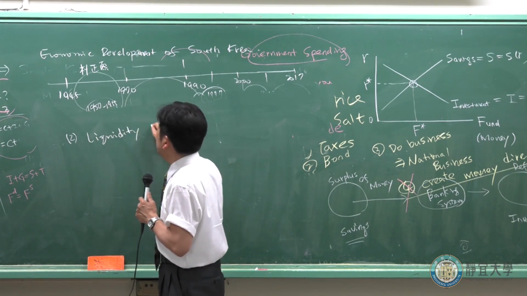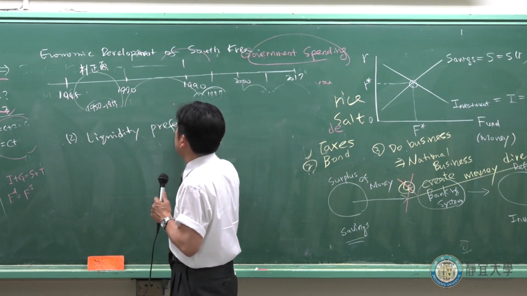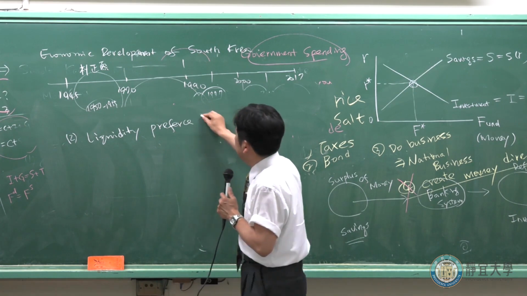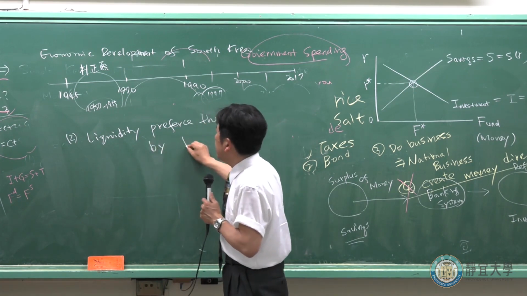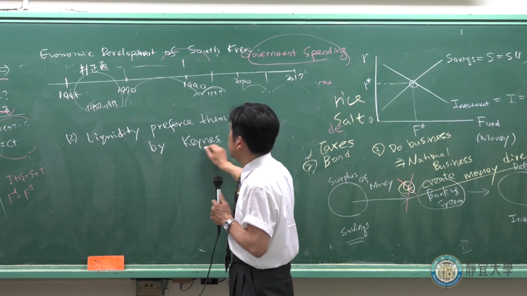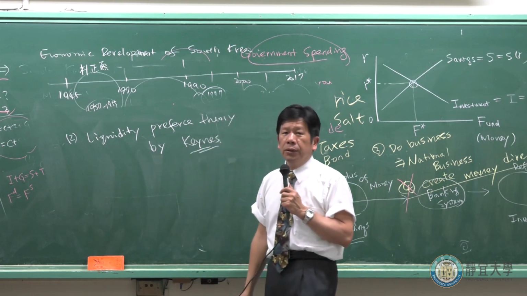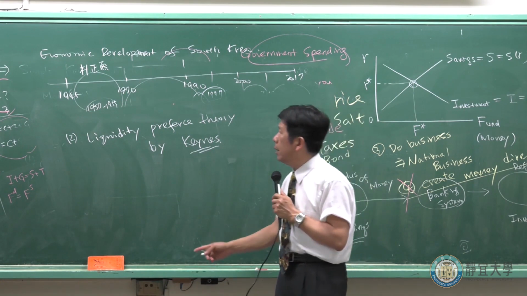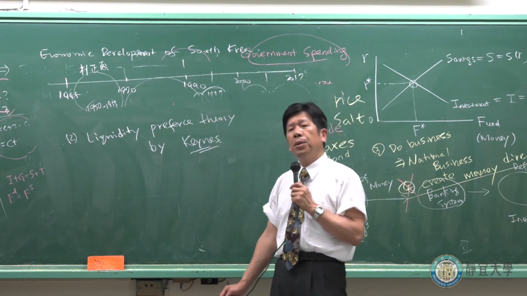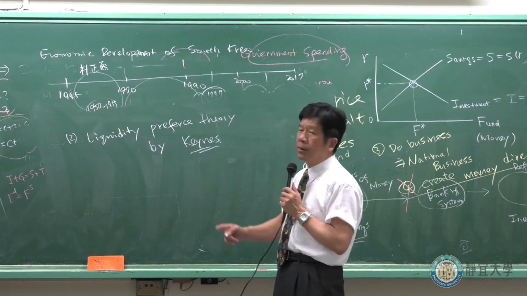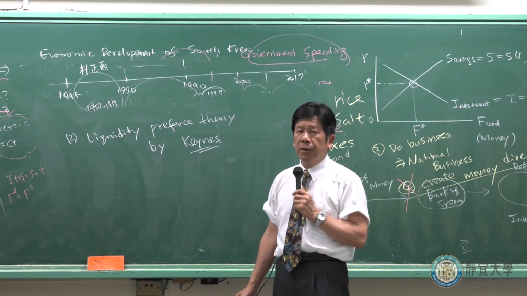Okay. Liquidity preference theory. Okay, I mean this is by Keynes. Because Keynes considered that the interest rate is not dependent on savings and investment.